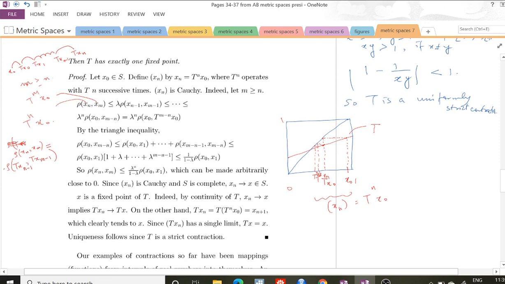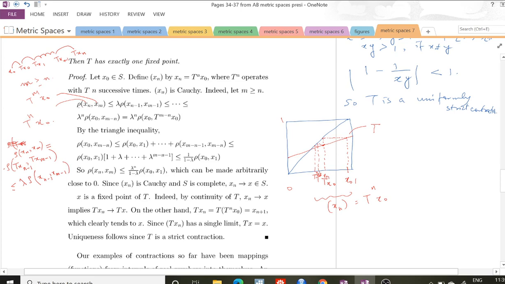Right, so I arrive at xn by one additional hop from xn minus 1, okay? So this must be less than or equal to lambda times the distance between xn minus 1 and xm minus 1, okay?